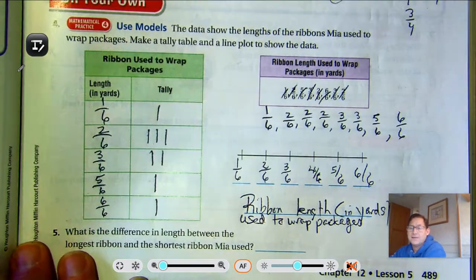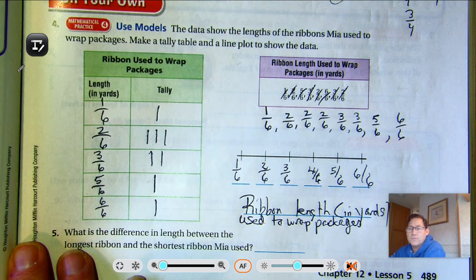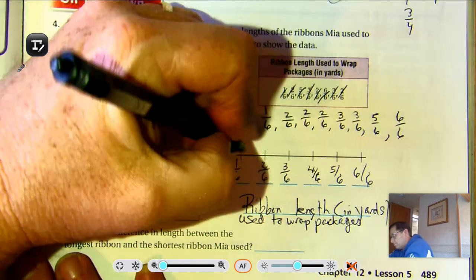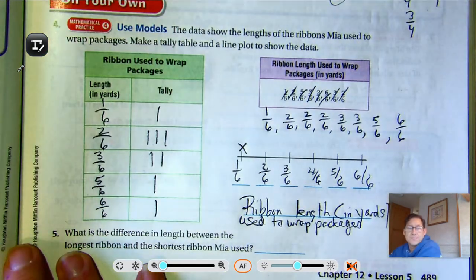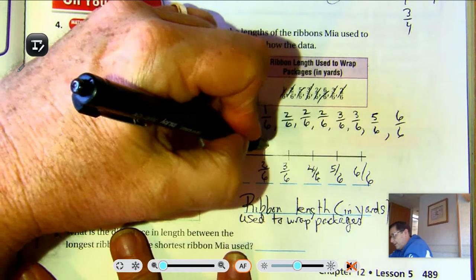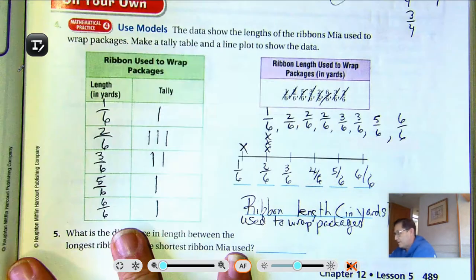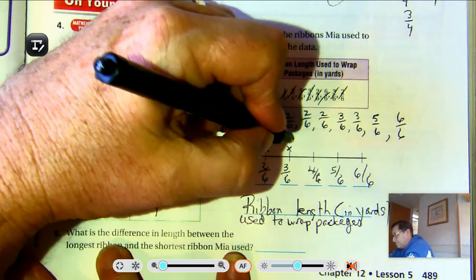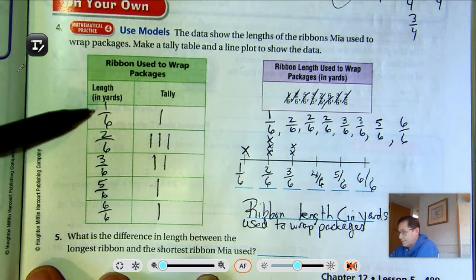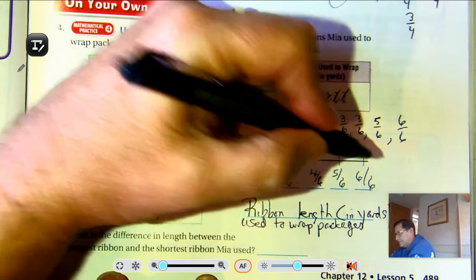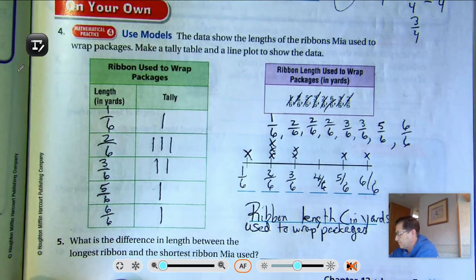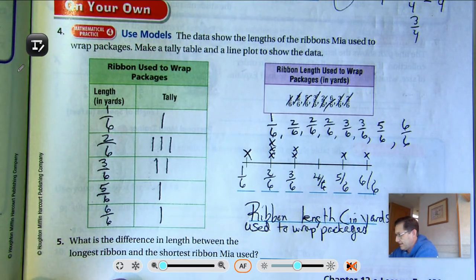The X's in our line plot will represent that number of ribbons that have that measurement. 1/6 yard, just 1. 2/6, there were 3. 3/6, there was 2. 4/6, there weren't any. 5/6, 1. 6/6, 1.